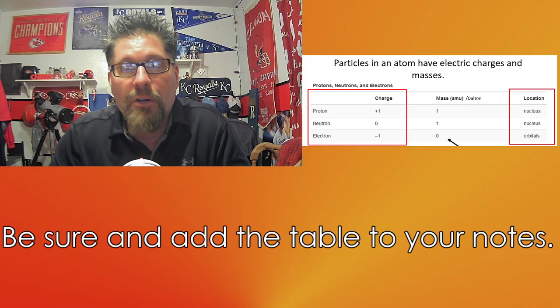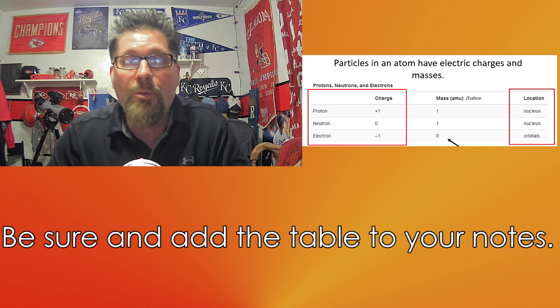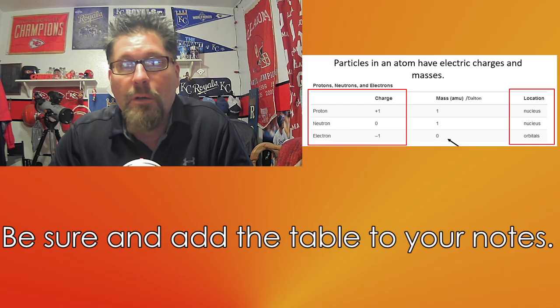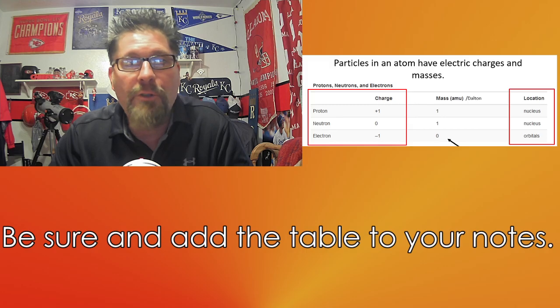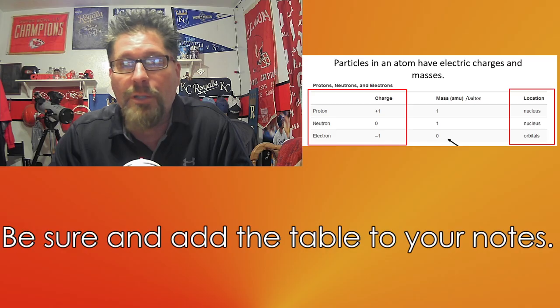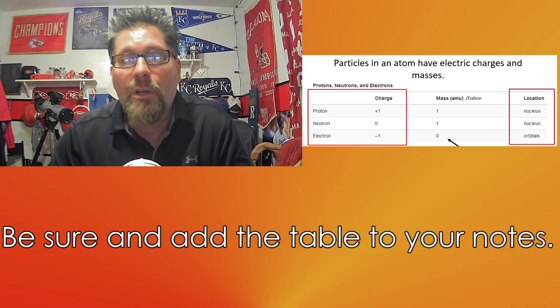But the other thing to consider is the charges, and they are super important when it comes to bonding, and to knowing the overall energy level, the electrical value of a molecule or a compound. If you've had a chemistry class, then you've had some reference to this. And if you haven't, you'll just have to make sure that you grasp the concept. Protons have a positive charge, P for proton, P for positive, so they get a plus sign as their symbol, and electrons are negatively charged. And that's why these two kind of group together.